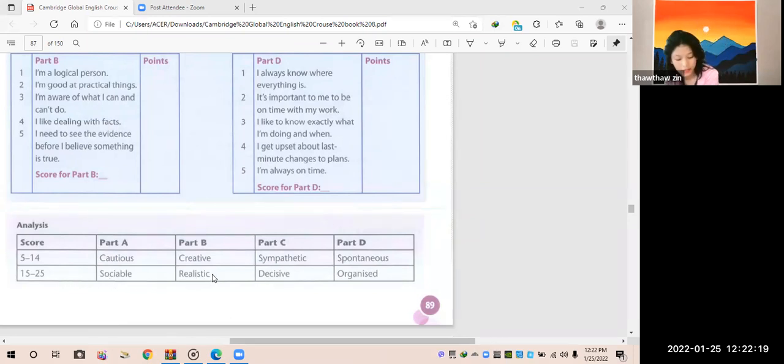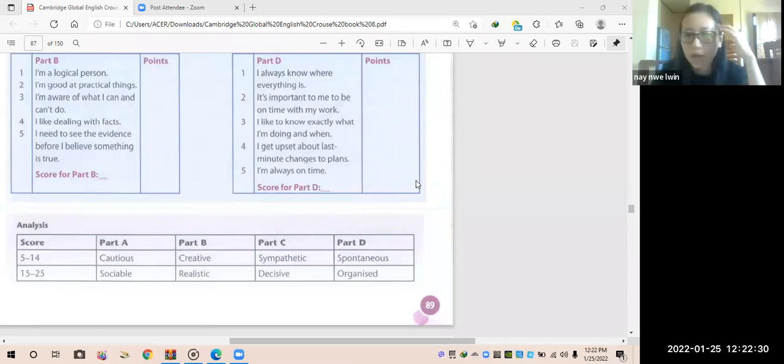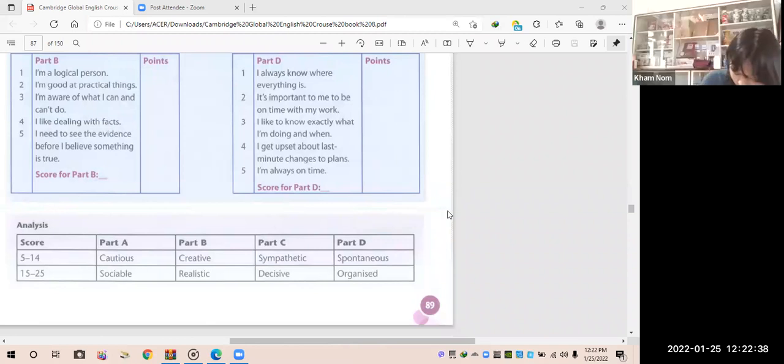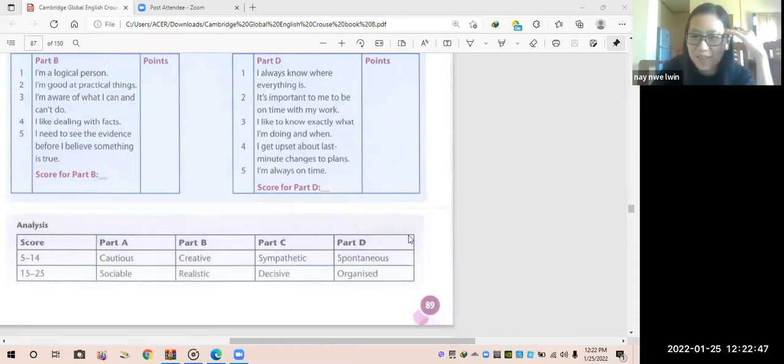And for part C, I got 15, so decisive person. And for part D, my score is 9, so I'm a spontaneous person. Spontaneous person. Okay. This time, Kamno. Yes, I'm sociable, creative, decisive, and spontaneous. Spontaneous. Okay, thank you. Okay, this time, Najwa.